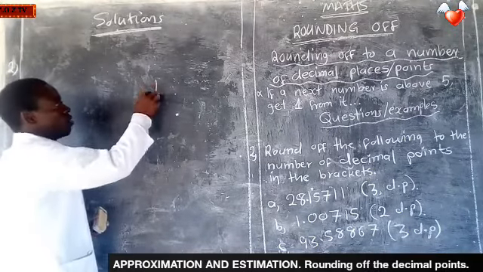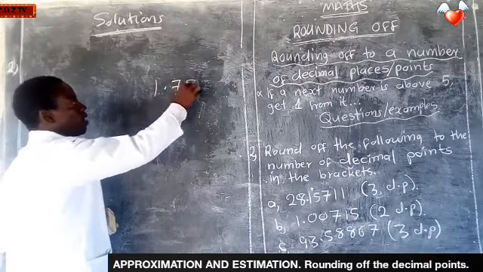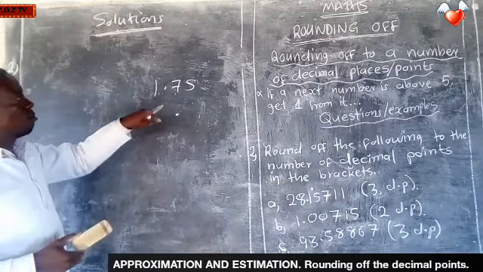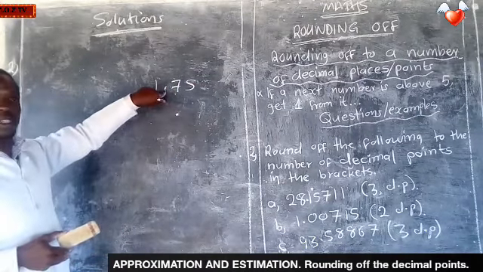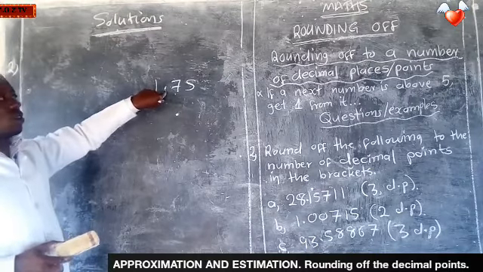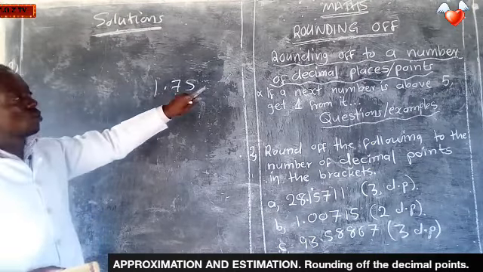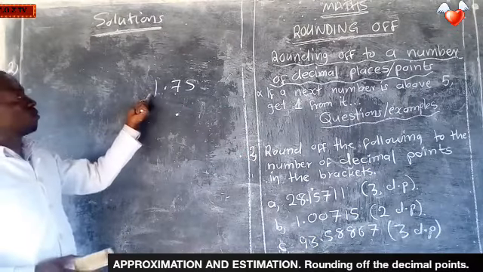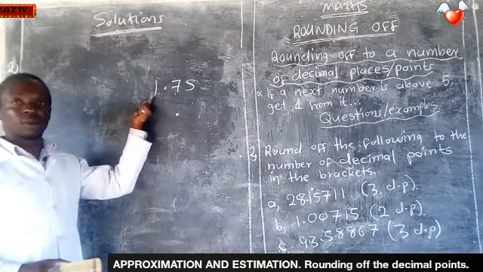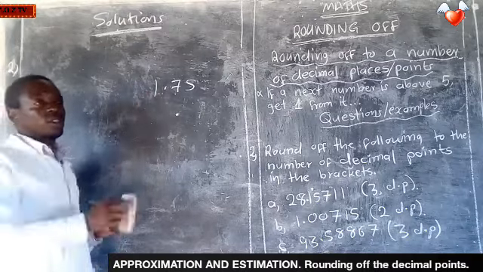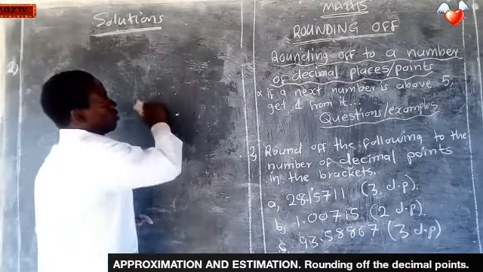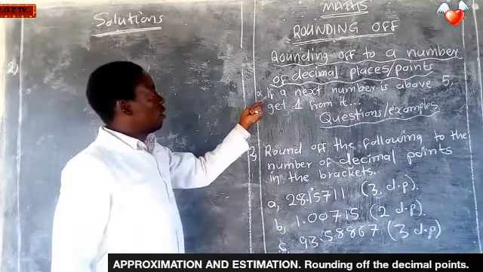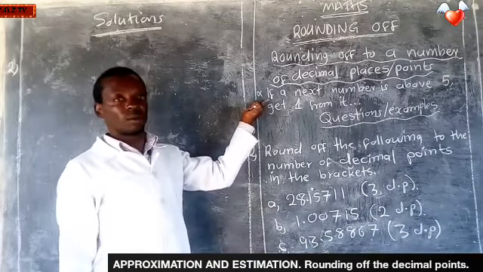If I write 1.75, a decimal point is this dot, which is here. So when a question is asking you to round off to a number of decimal places, do not move using numbers, but move using a point. Here, it remains the same.